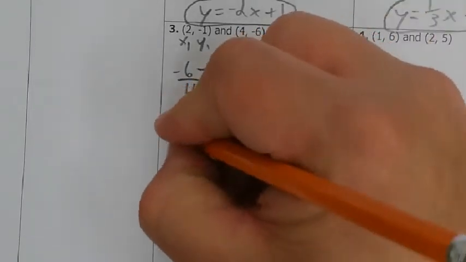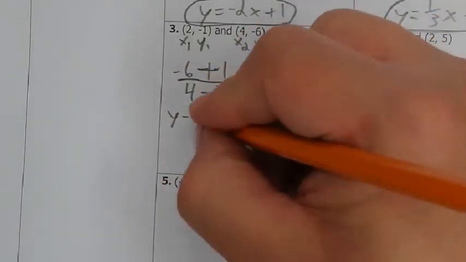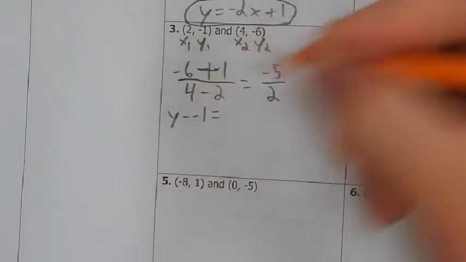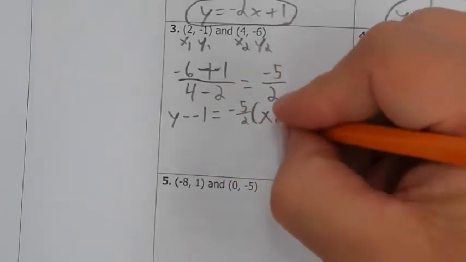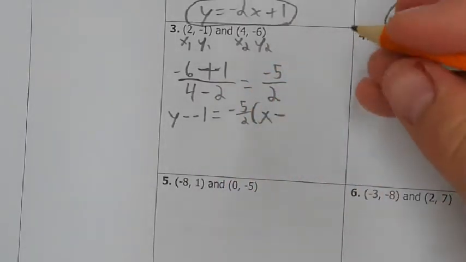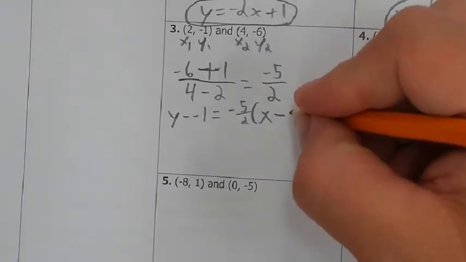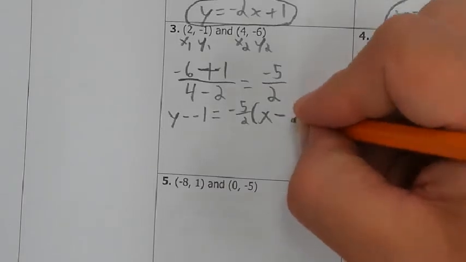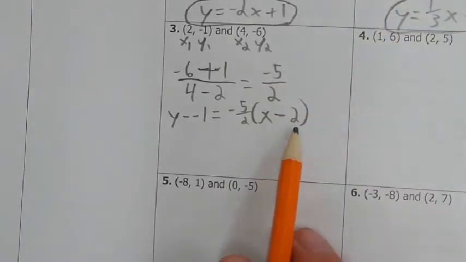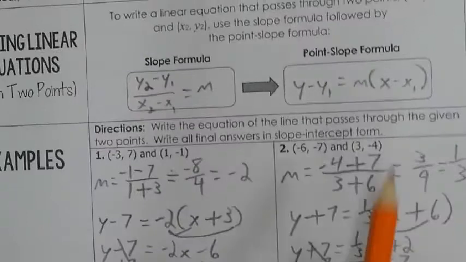So now we're going to do y minus y1. Y1 is negative 1, so y plus 1 equals negative 5 halves x minus 4. Hold up. x minus what? 2.